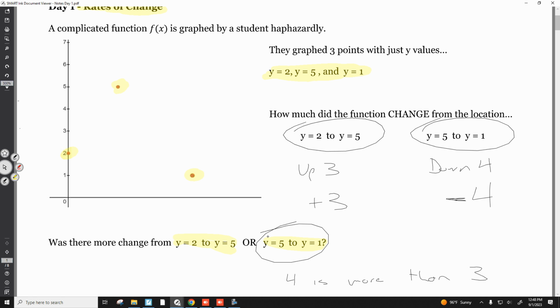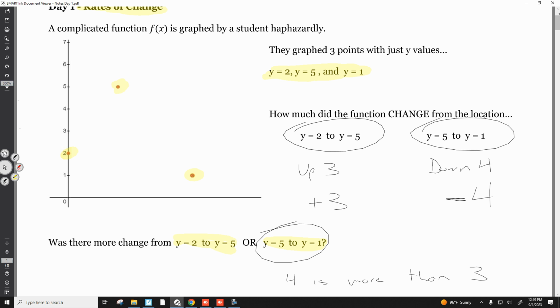It took longer for me to go from 5 down to 1. You see how you didn't notice that the spacing between the 2 points was different. Since the spacing is different, actually the values +3 and -4 are not values I want to compare because they're not spaced the same way.